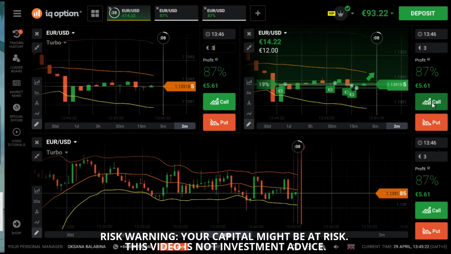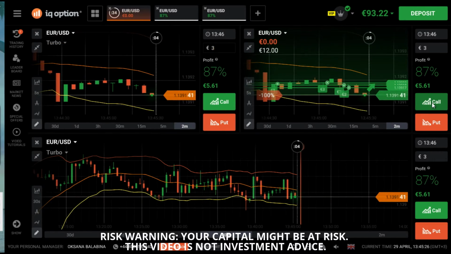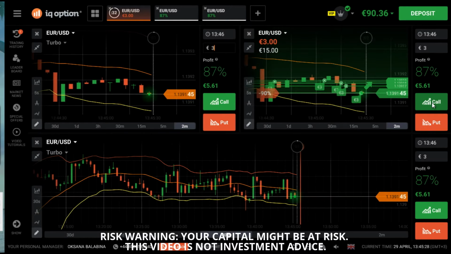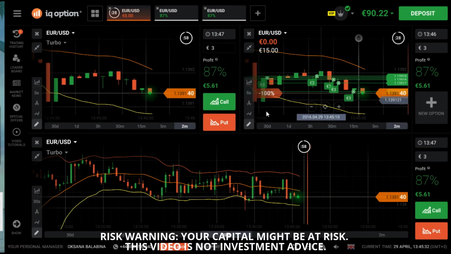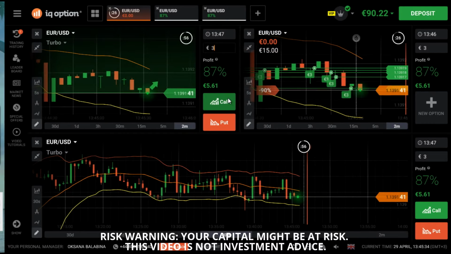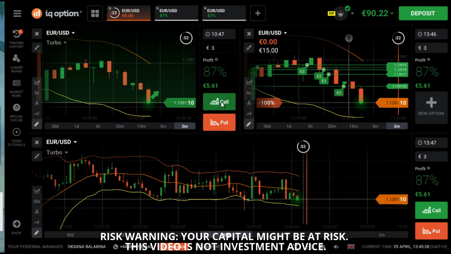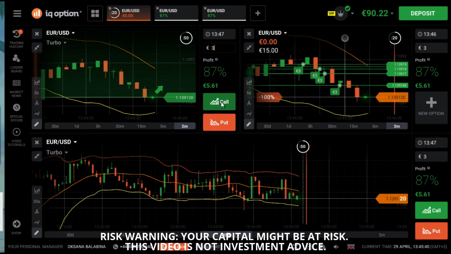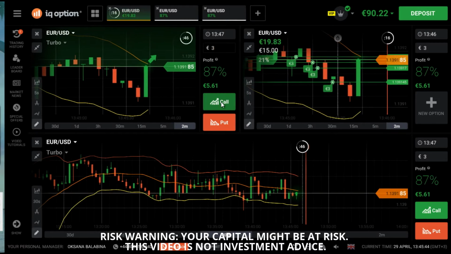And what I'm doing is the top window is a magnified 5 second chart, so you're looking at the tip of the candles more accurately.